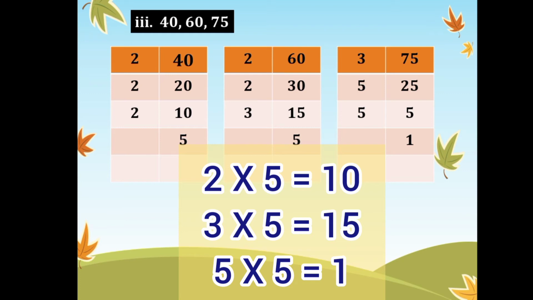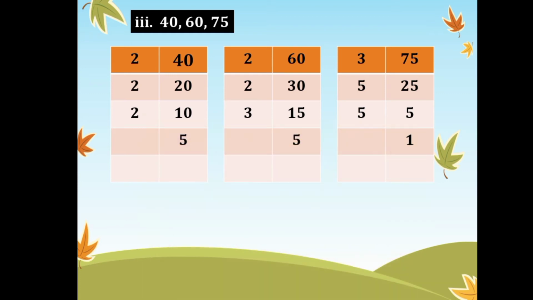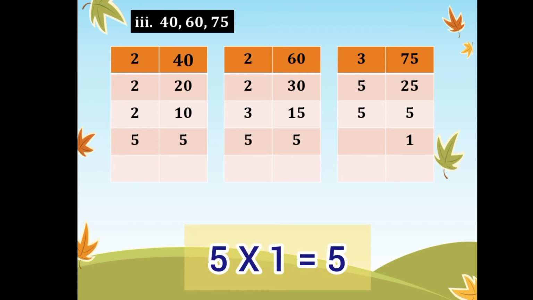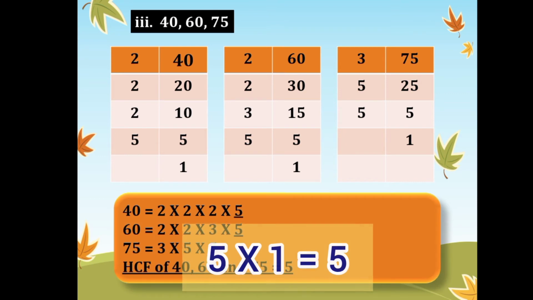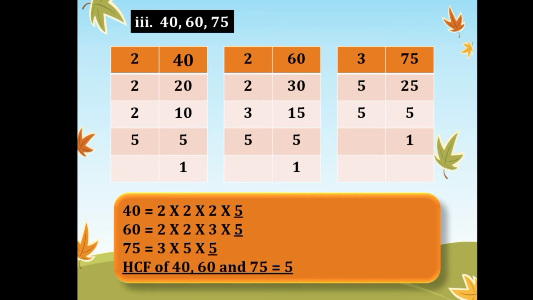Moreover, we can further calculate the first 2 columns, that is 5 1s are 5. This is the end of the sum. So all the left-hand side divisors we need to jot down together as shown in the table below.